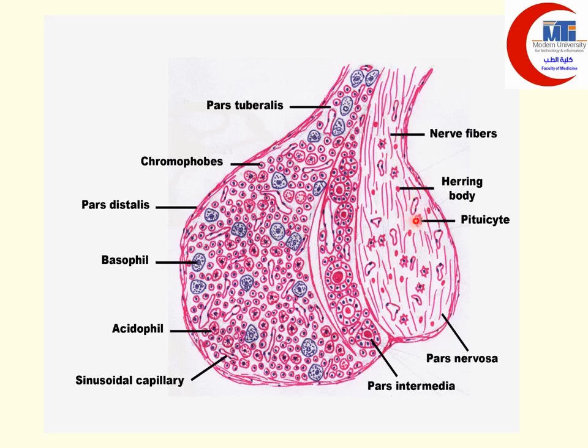And fenestrated blood capillaries surround Herring bodies to carry this secretion directly to the blood circulation. And pituicytes, which are neuroglial or supporting cells that surround the axon terminals. So pars nervosa is formed of unmyelinated nerve fibers, Herring bodies, pituicytes, and blood vessels or fenestrated blood capillaries.